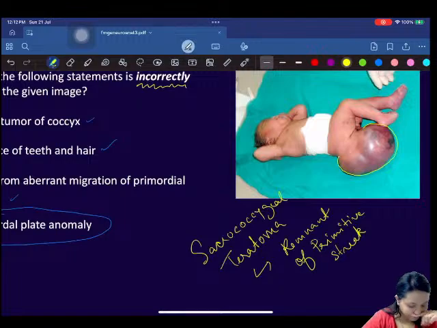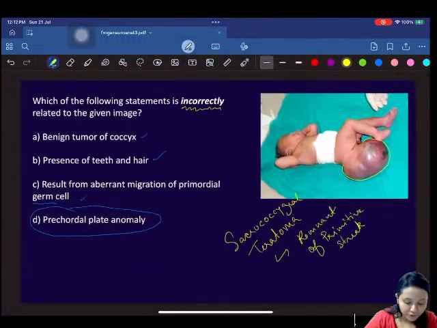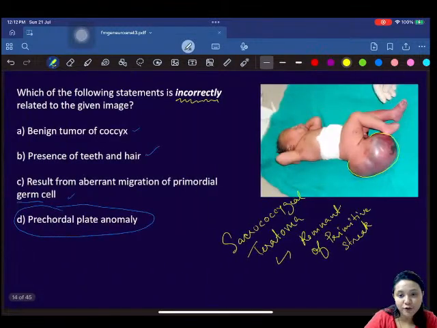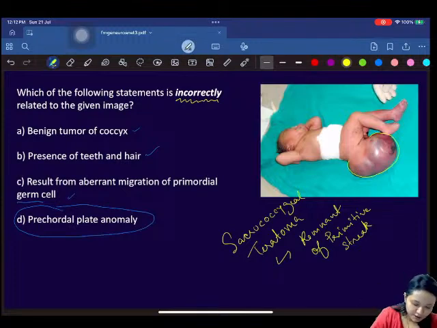So the incorrect answer here is obviously the precaudal plate anomaly. The precaudal plate, you know, is towards the head end, so it is going to give rise to the future mouth. Okay.